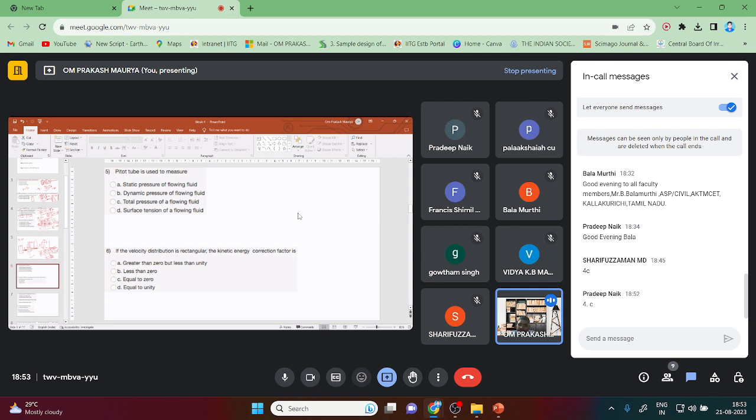And question 6 is, if the velocity distribution is rectangular, here means uniform. Okay, for question number 5, A.